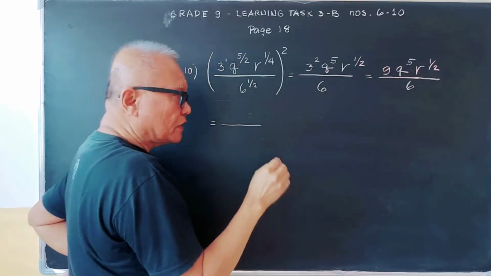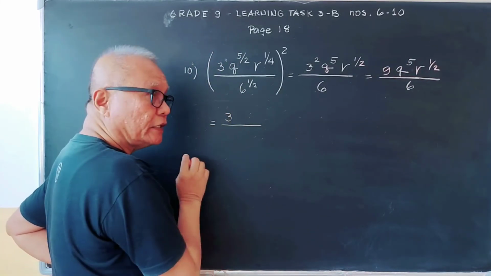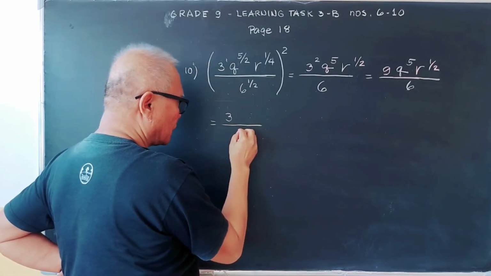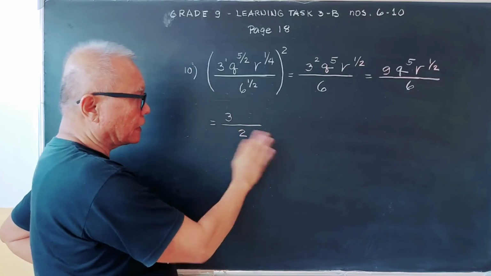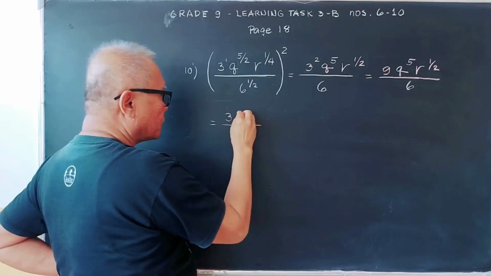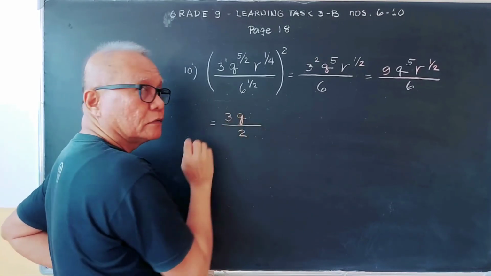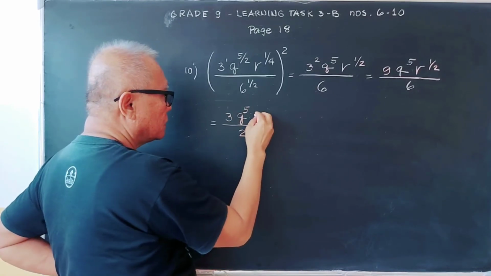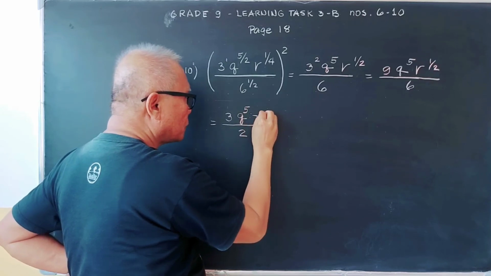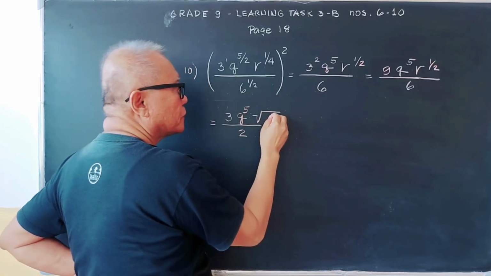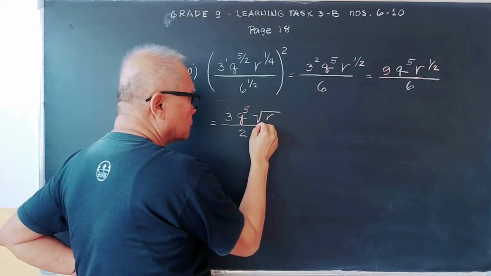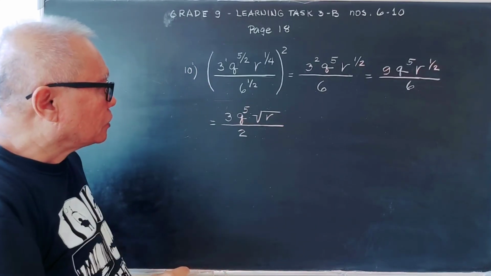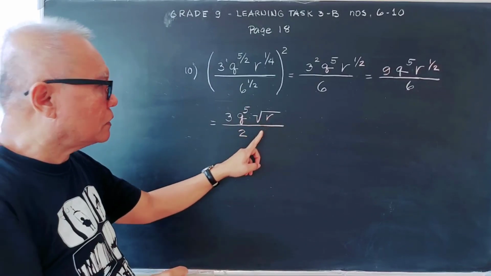So 9 divided by 3 is 3. 6 divided by 3 is 2. O, 2 na lang dito. Sa gitna natin lagay na. Q to the 5th. Ayun. Ano yung R to the 1/2? So, siya ay square root sa radical form. Square root of R. O. So, that is our answer. 3Q to the 5th square root of R over 2.